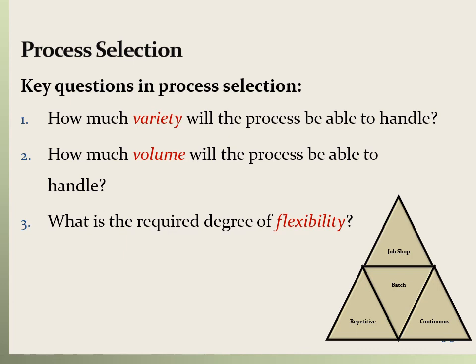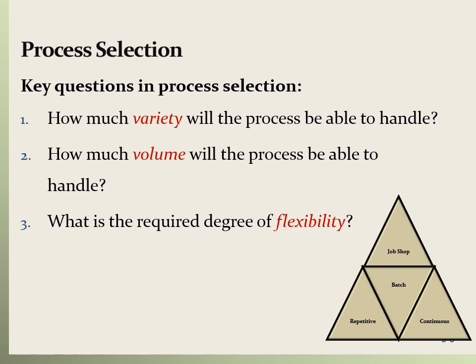By answering these questions, figuring out how much variety they need and expect based on their forecast of demand in the market, and also by asking these questions about the capability of each process, such as job shop, batch, repetitive, and continuous, they can select the appropriate process for themselves.